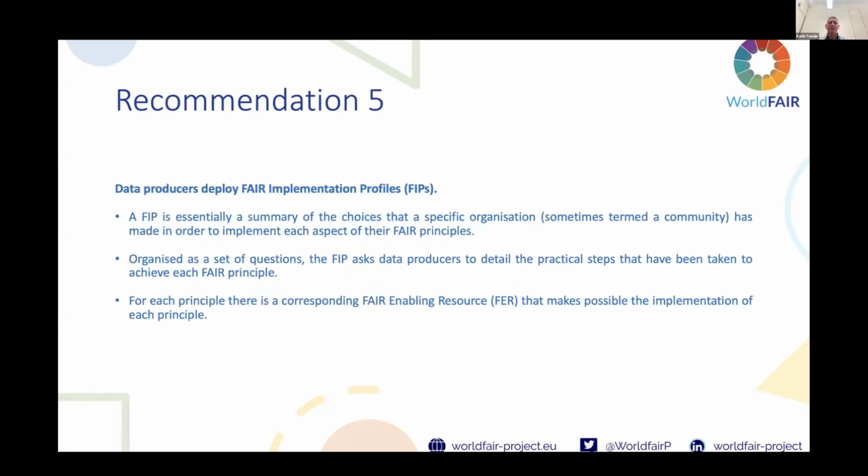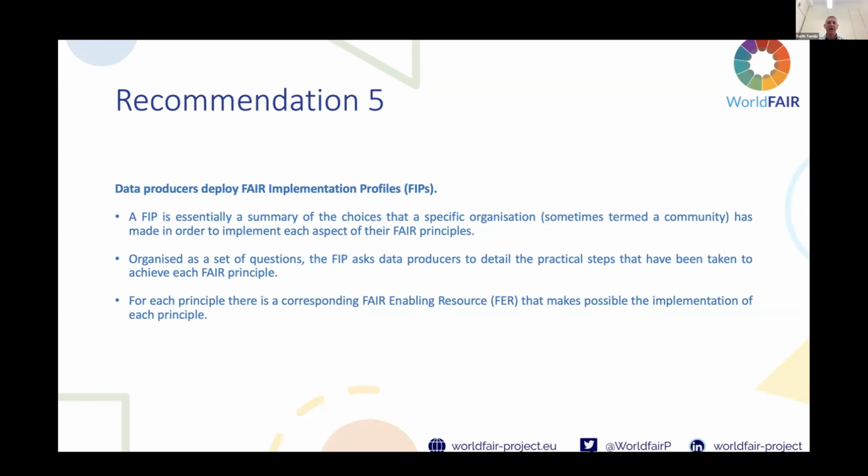Okay, the fifth recommendation, one which many of you will be familiar with, is the deployment of FAIR implementation profiles. This is something that is very specific to the FAIR environment. It's a summary of the choices that a specific organization has made in order to implement each aspect of their FAIR principles.